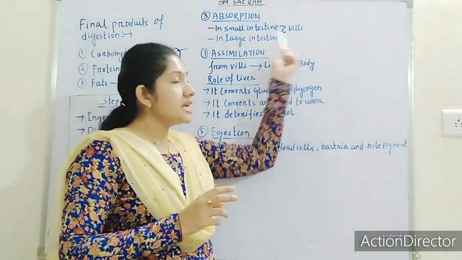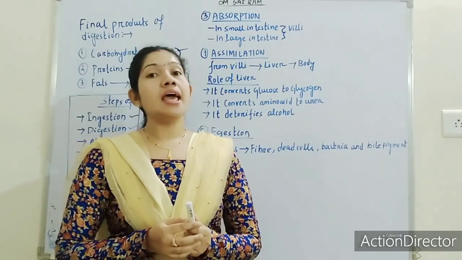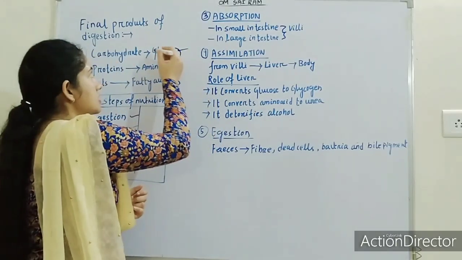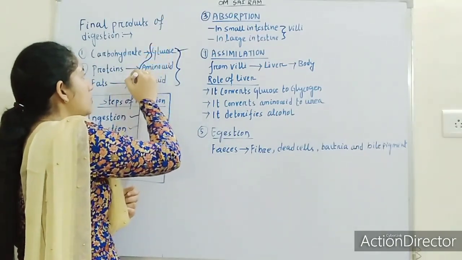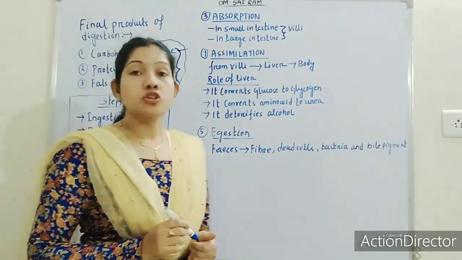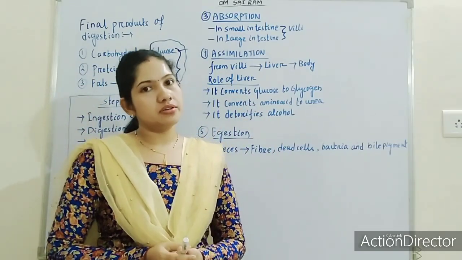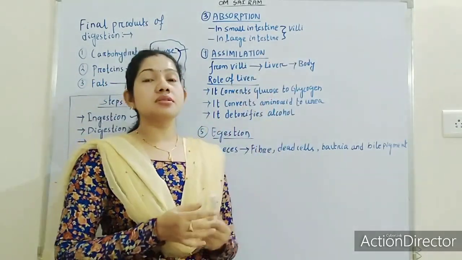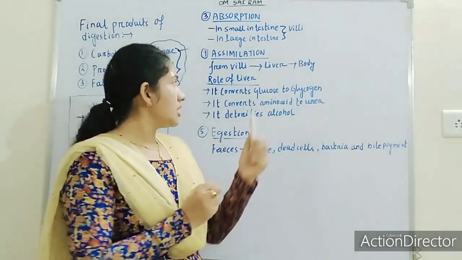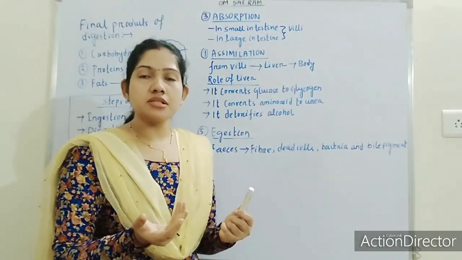Remember, the villi present in the intestine help to absorb the digested nutrients, so that the nutrients can reach all over our body. So villi play a very important role in absorbing what? Absorbing nutrients. Okay, so how will they absorb nutrients?